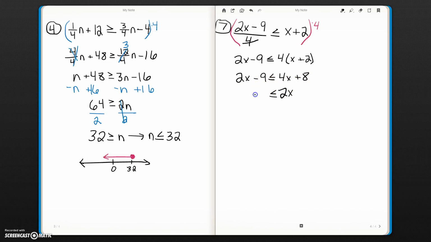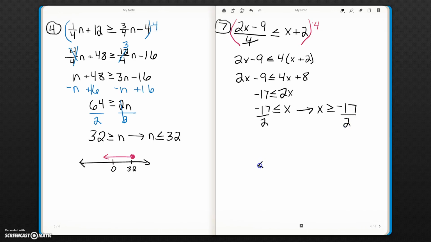Negative 9 minus 8 is negative 17. And then I'm going to divide by 2. So I'm going to get x is greater than or equal to negative 17 halves. Okay, you're welcome to turn that into a decimal, but it's really not necessary.